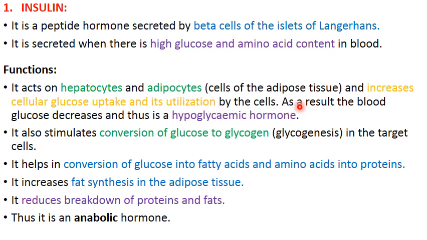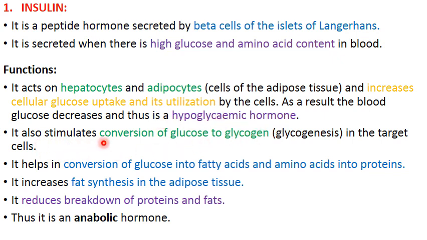As a result, the blood glucose level will decrease because it has entered the cells and has been utilized there. Excess will be stored as glycogen. Since it decreases the levels of glucose in blood, we call it a hypoglycemic hormone. Hypo means less, glycemic means glucose, so hypoglycemic hormone.